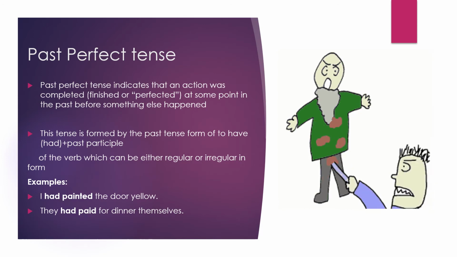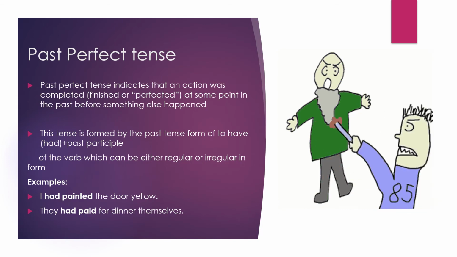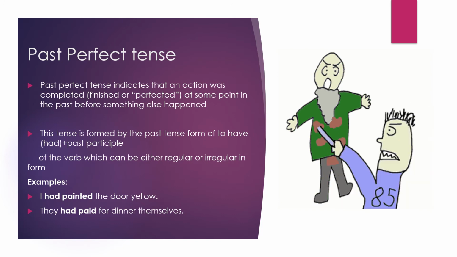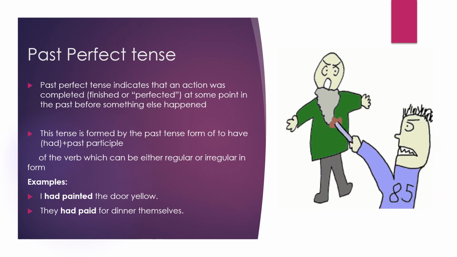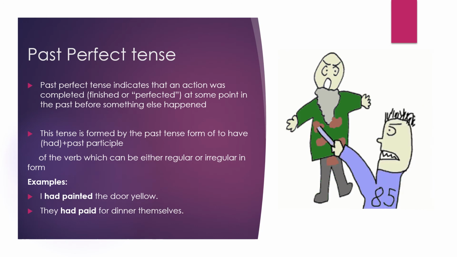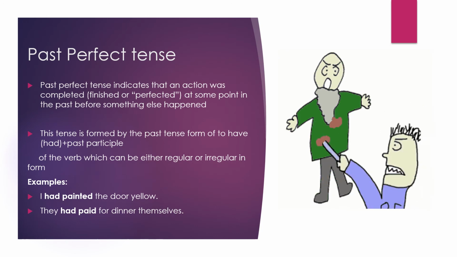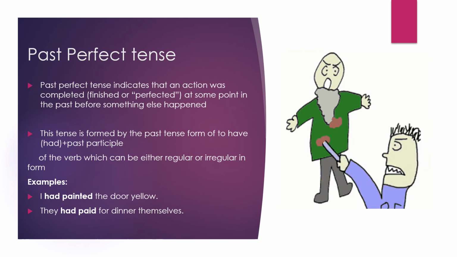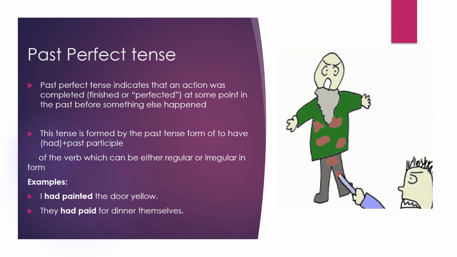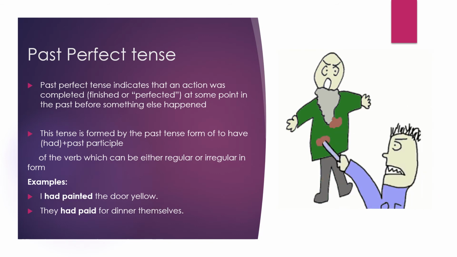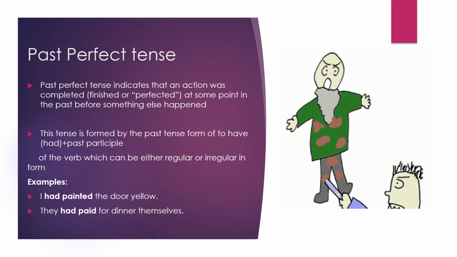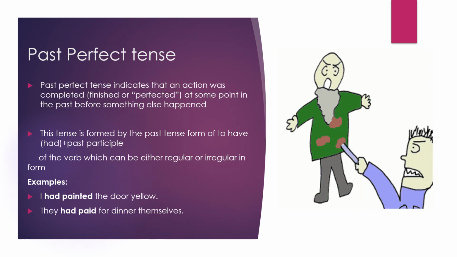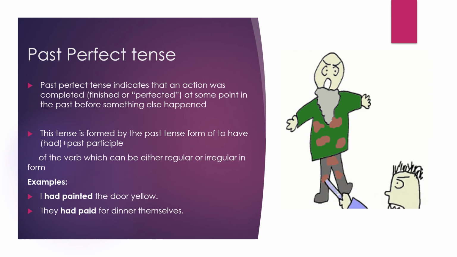It indicates that an action was completed, finished or perfected at some point in the past before something else happened. This tense is formed by the past tense form of to have, had, plus the past participle of the verb, which can be either regular or irregular in form.